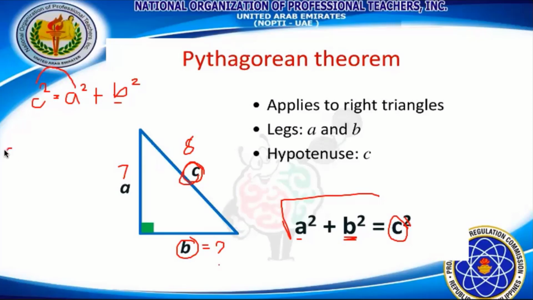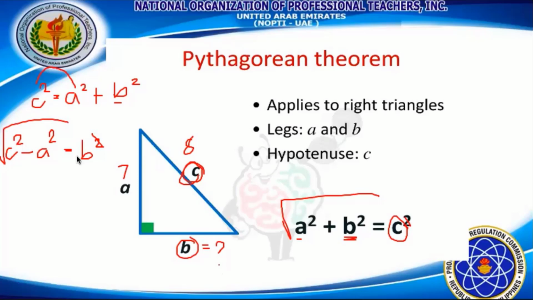So, magiging C square minus A square. Kasi nilipat natin yung A sa kabila, kaya naging negative siya, equals B square. So, para matanggal yung square, you put a square root sign. So, if you want to know the value of B, or the leg B, or side B, you get the difference.